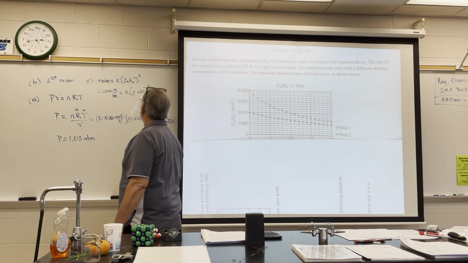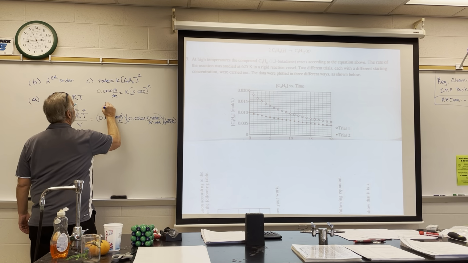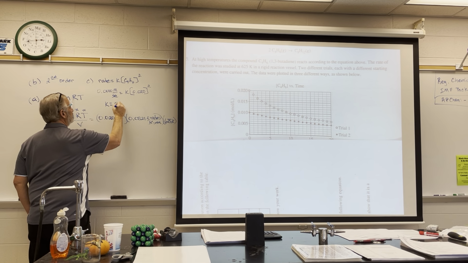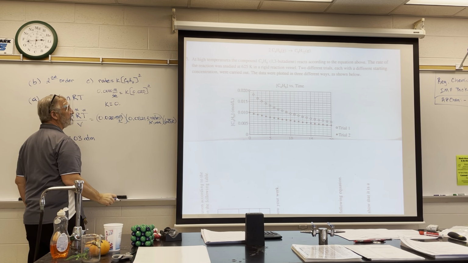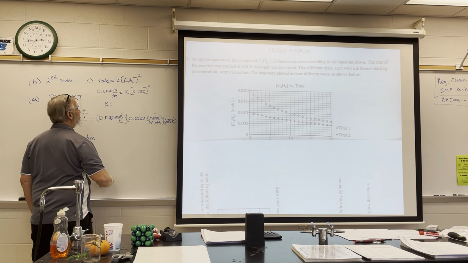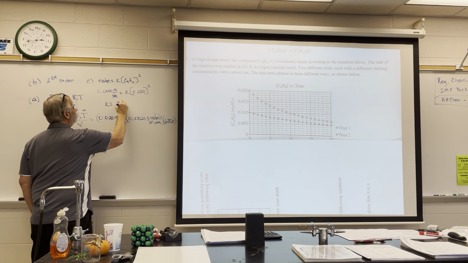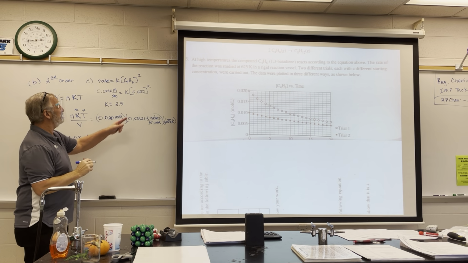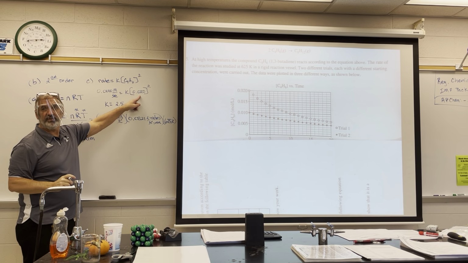So K is going to equal 0.001 divided by 0.02 squared, which is 0.0004. So what does it come out to? 2.5. And what are the units going to be?